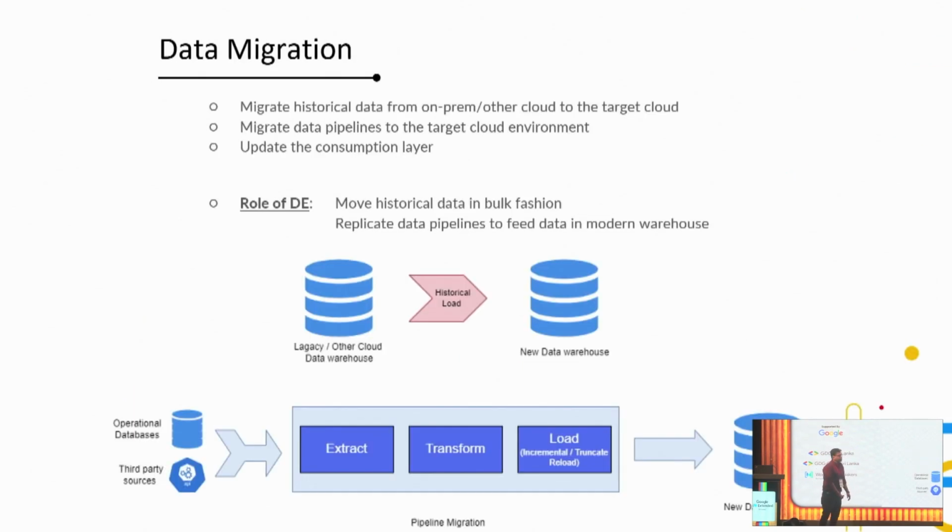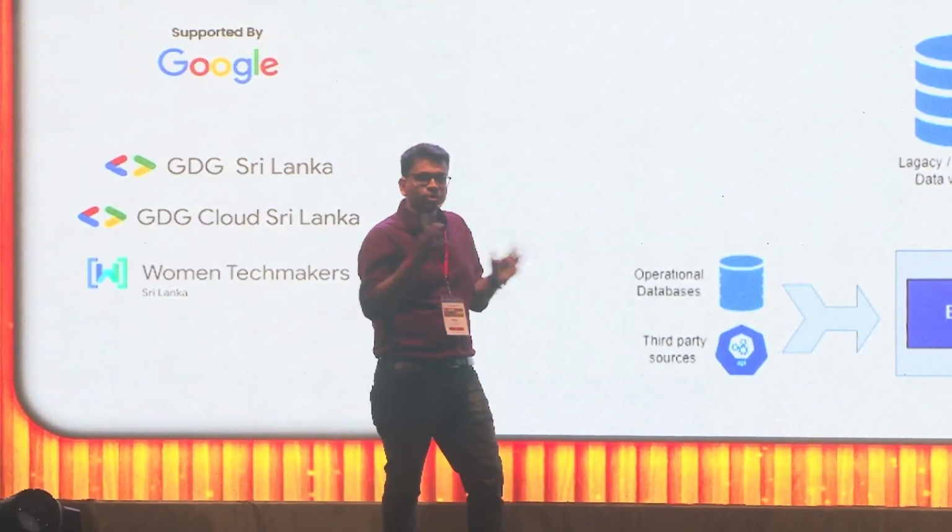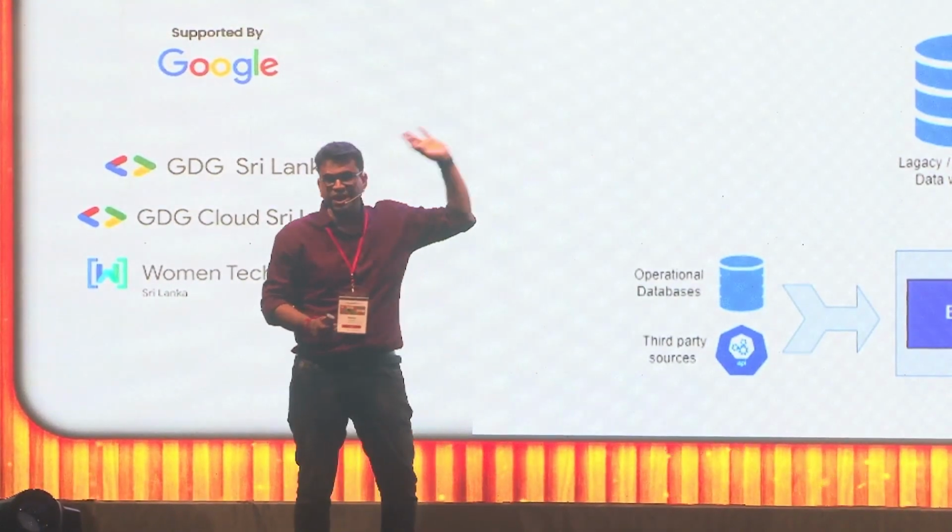The other type of project is data migration. Many organizations may say, I already have a data warehouse, either on-prem or in some other public cloud. Now I want to move to Google Cloud. That kind of project is called data migration.